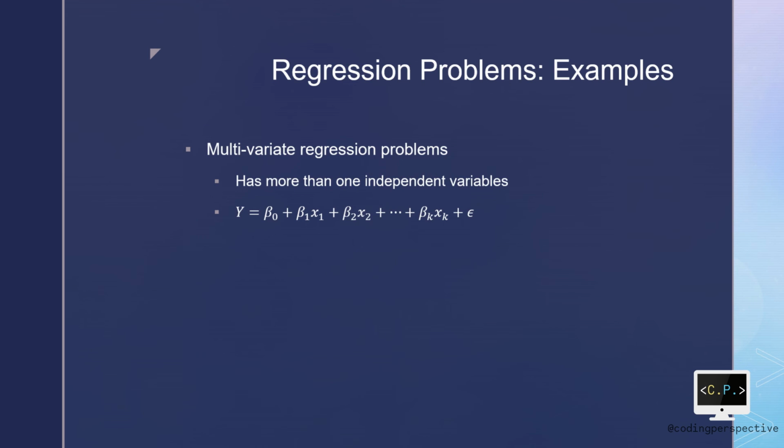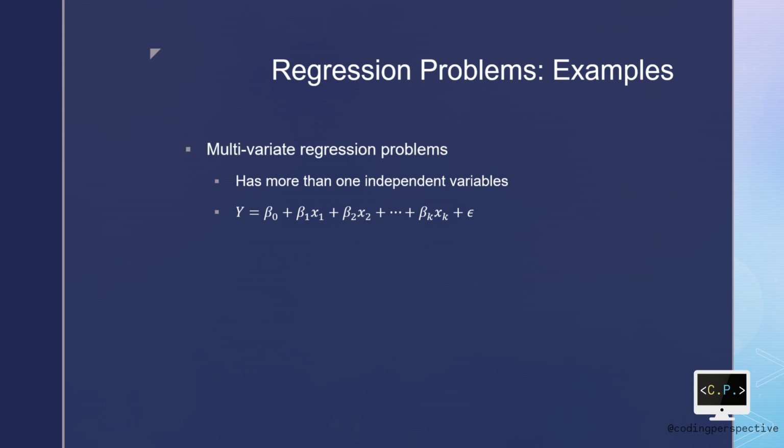We can give an example for the multivariate regression problems. Multivariate regression problems are problems where you have more than one independent variable for predicting the dependent y variable. So the formula for this task is y equals beta 0 plus beta 1 x1 plus beta 2 x2 plus, till beta k xk, plus epsilon. And here, the term epsilon is also the error term.